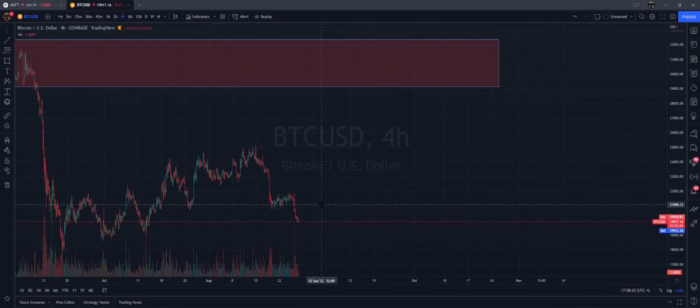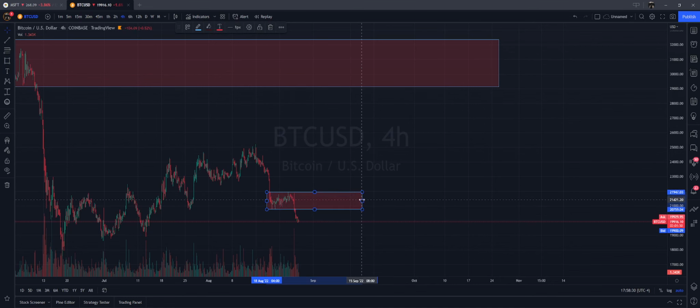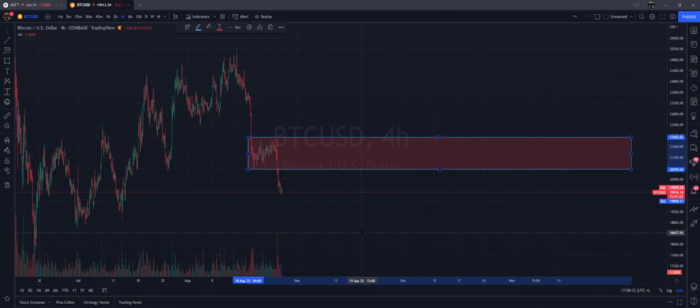Supply zones over here, and another supply zone over here, that just became a supply zone. And then what else? This is a very strong downward movement, so I'm going to assume that there's a supply zone right here.